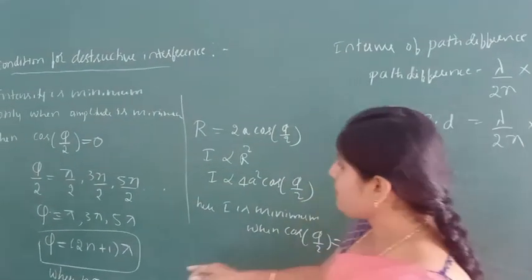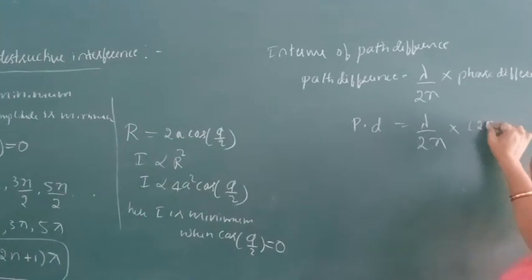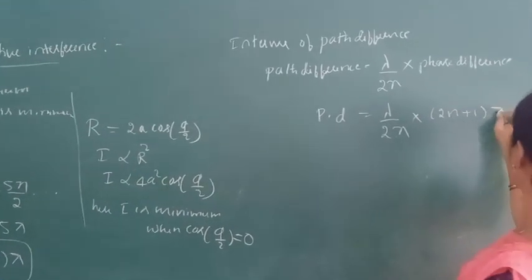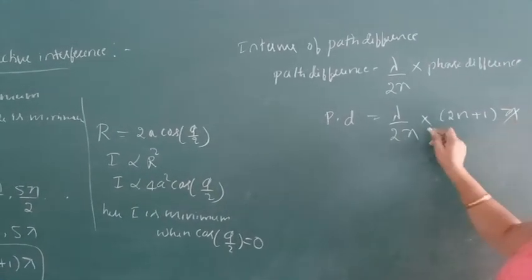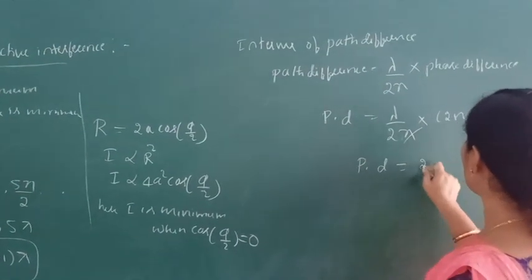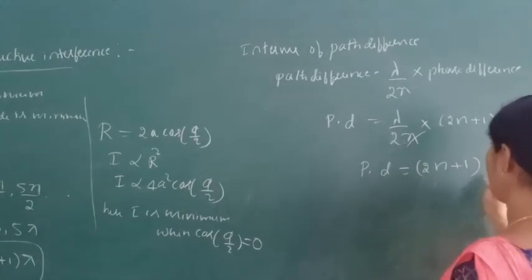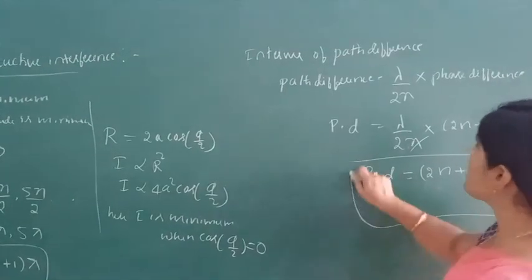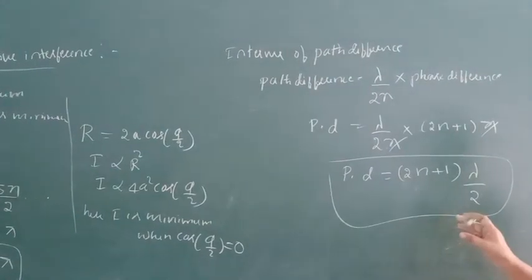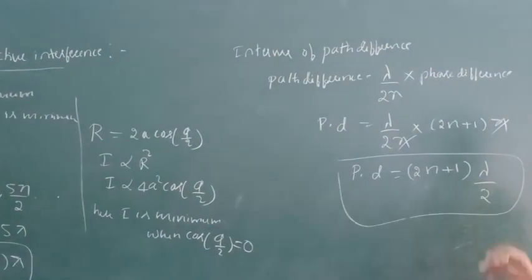What is the phase difference? 2n plus 1 into pi. And pi gets cancelled. Remaining path difference is equal to (2n plus 1) into lambda by 2. So this is the condition for destructive interference in terms of path difference.